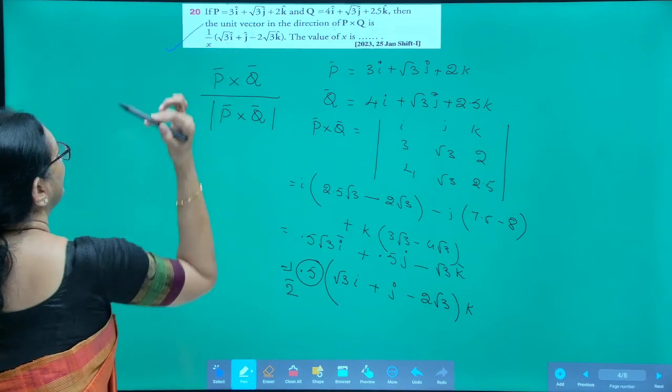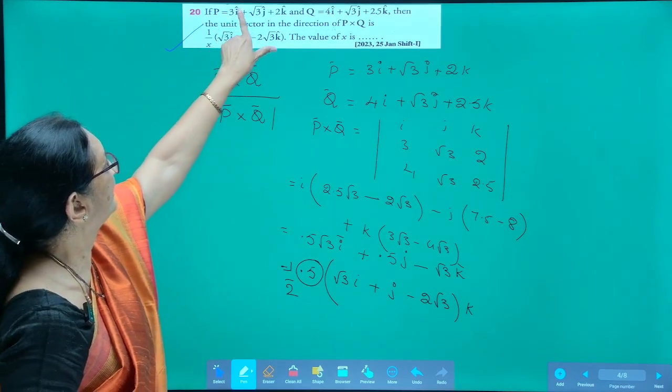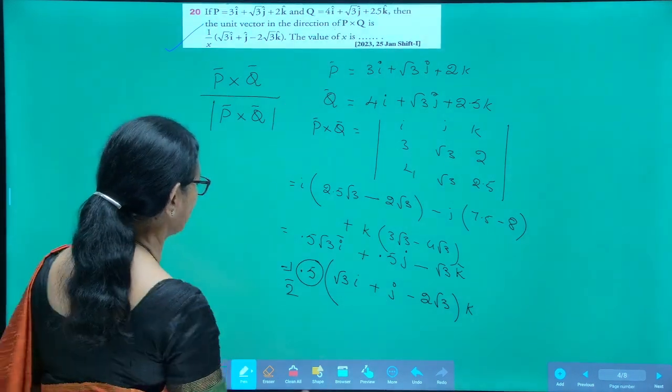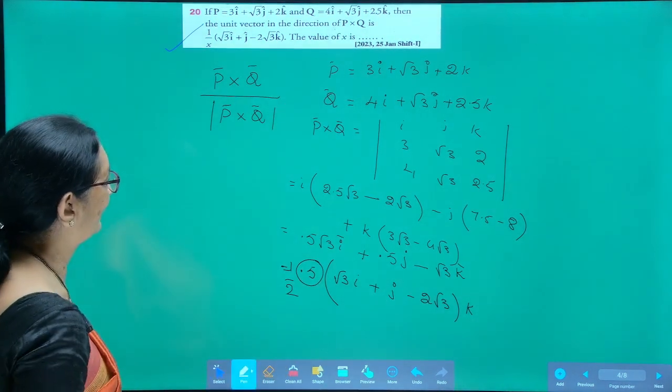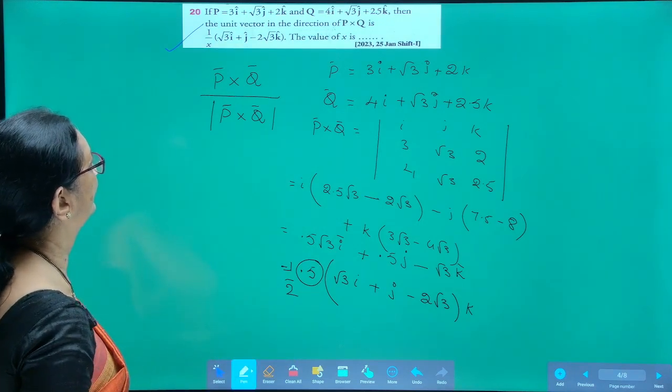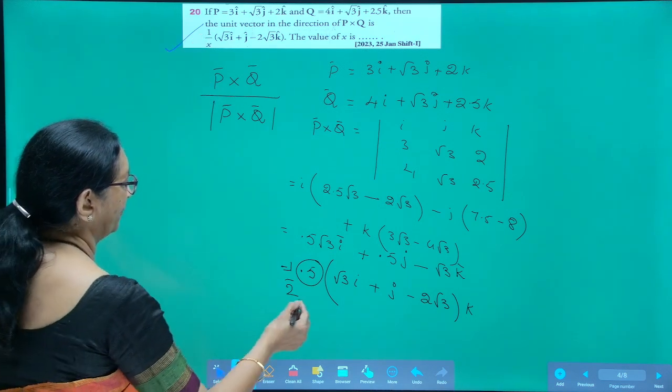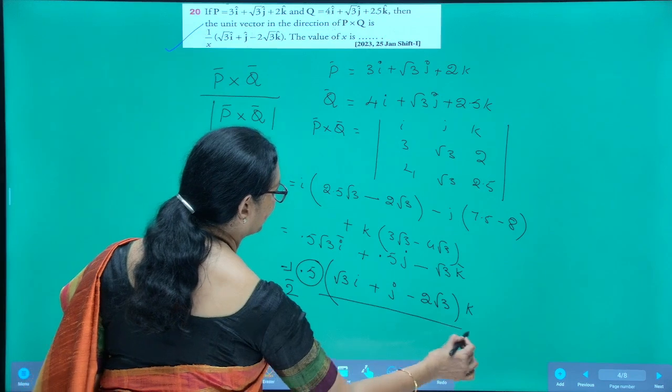Just look into this. The unit vector of p bar cross q bar is this divided by the magnitude of that. So here it is 1 by x. What is the magnitude of this vector?